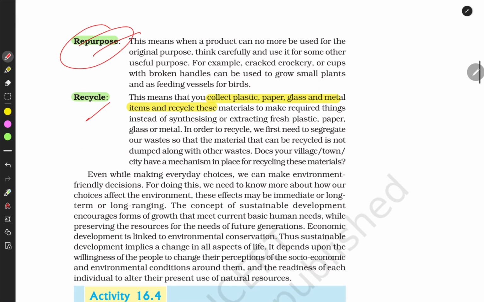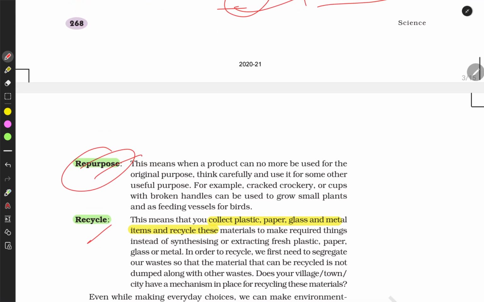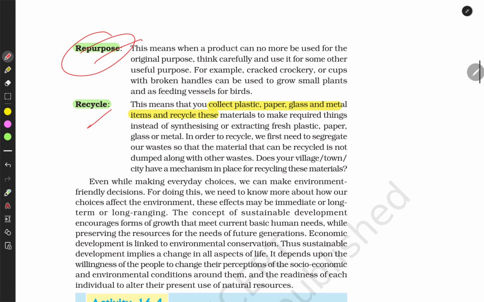Then repurpose. Reuse is using something multiple times, while repurpose has a different meaning. Old items can be repurposed, like cracked crockery, cups, or bottles can be used to grow small plants. In repurposing, the purpose has to change.